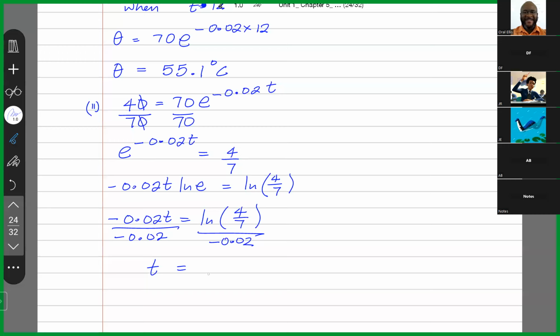So this would be ln 4/7 divided by minus 0.02, which is 28.0 minutes. T is in minutes, and this is to 3 significant figures.